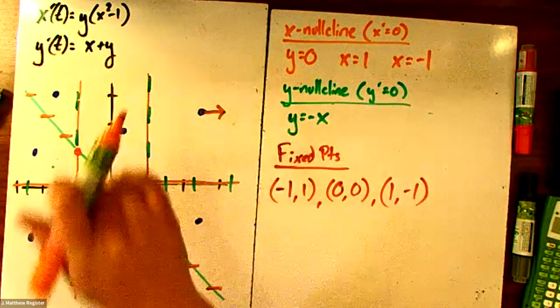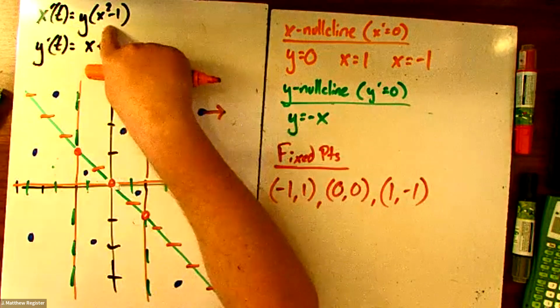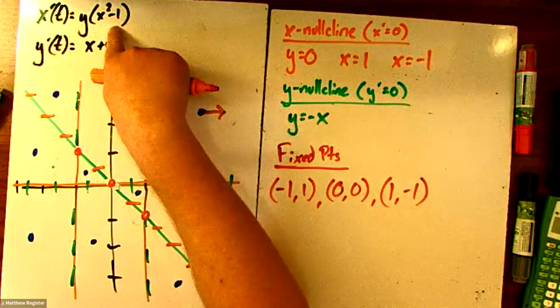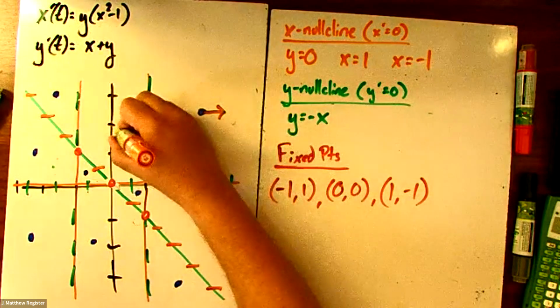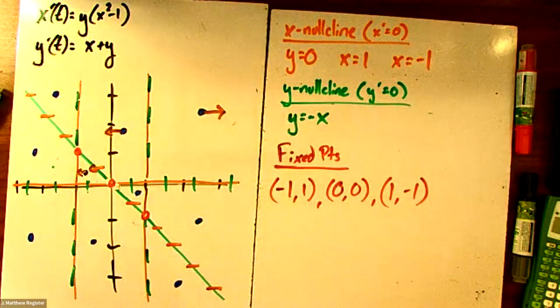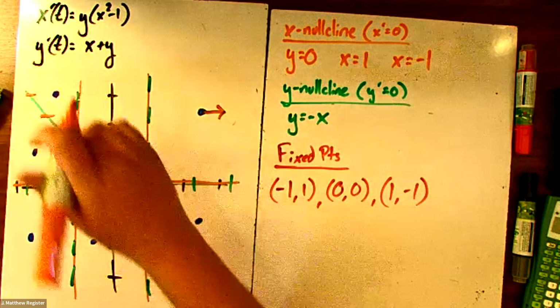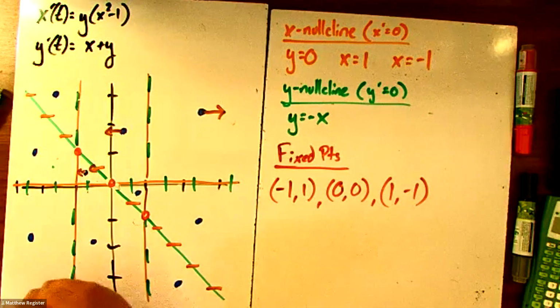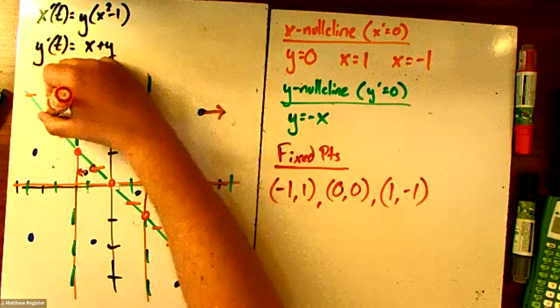In this central region, when x is like 0, we would see that our y is positive and this term is negative. That tells us we're going to be going in the negative direction here. Over in this region, when x is a larger negative value, we would see that it would go positive again.